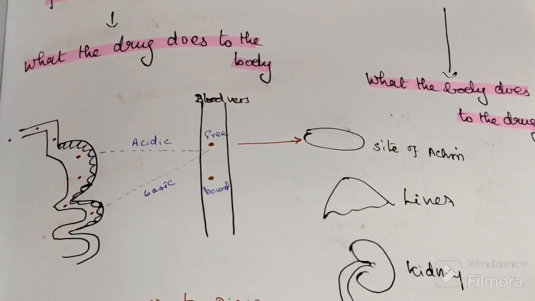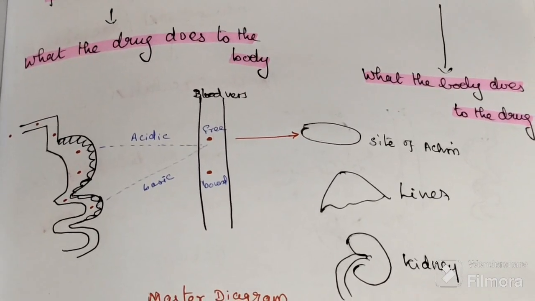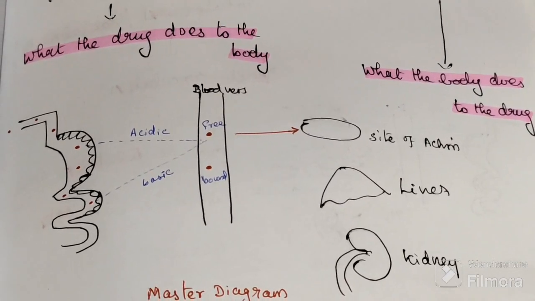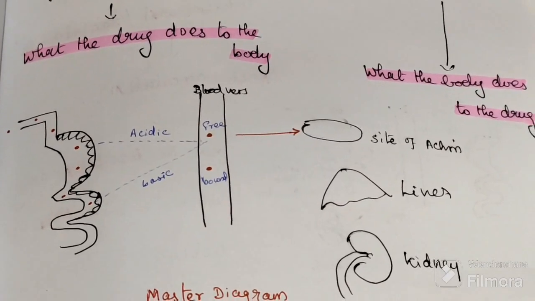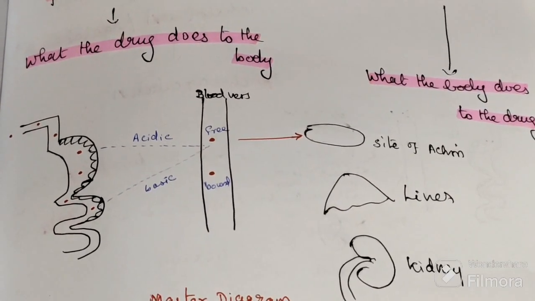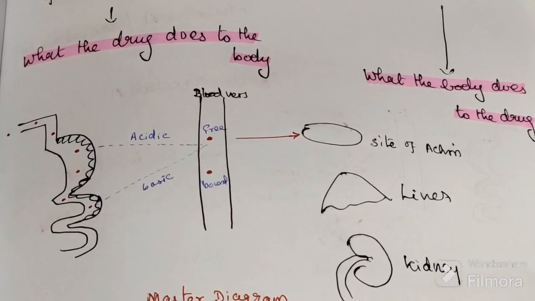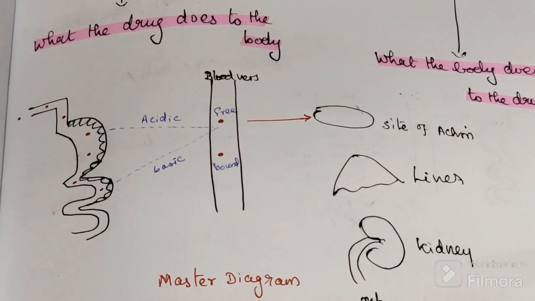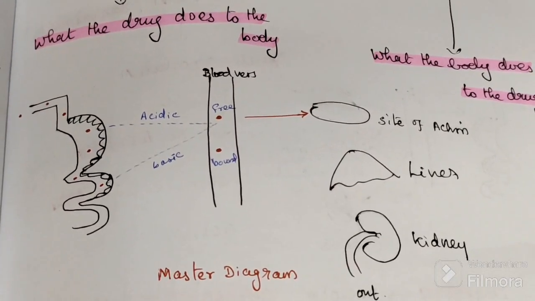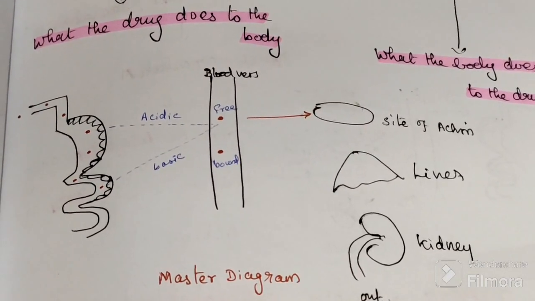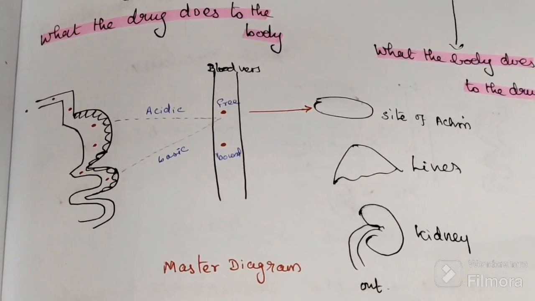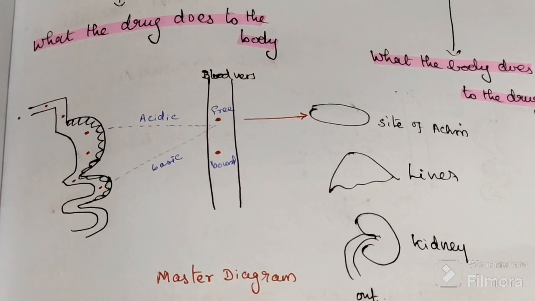So the organ of absorption differs for different drugs. Acidic medium, acidic drugs; basic medium, basic drugs.